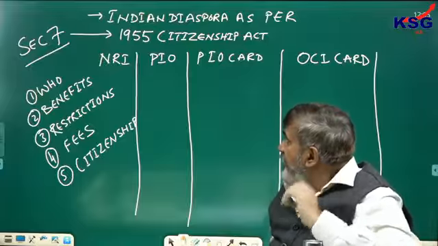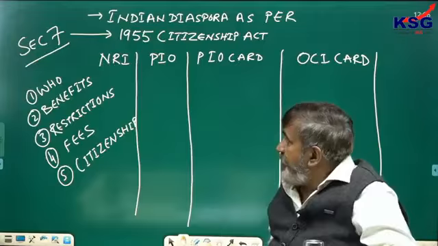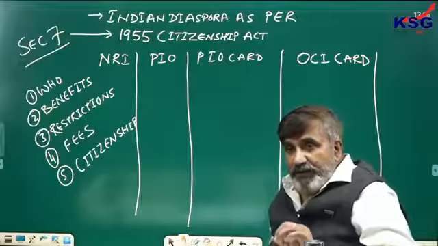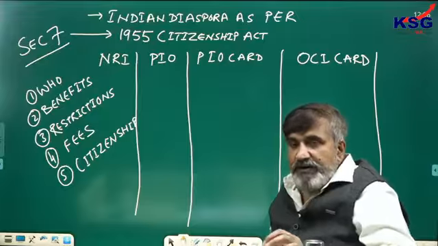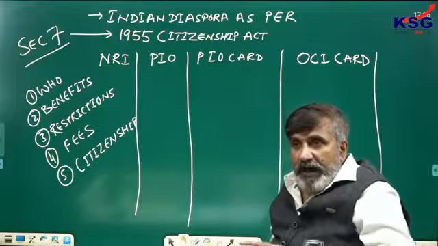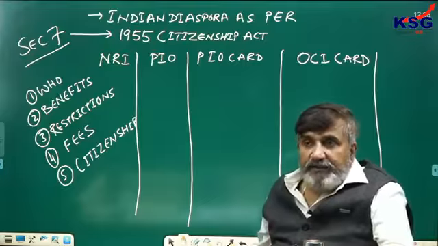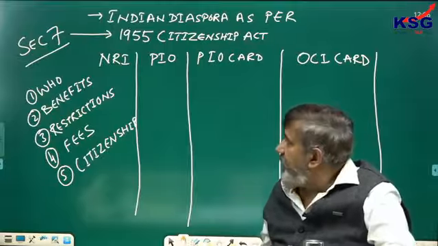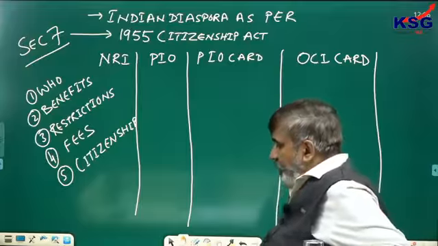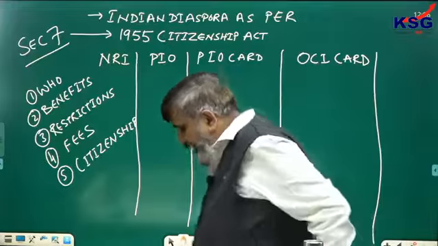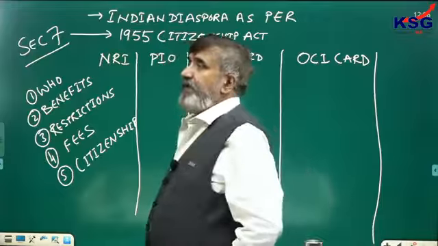Now regarding PIO, person of Indian origin, no specific benefit except those specified on the visa. And why the government will give them benefit? They are neither Indian citizen nor Indian passport holder. Now for PIO card holder, yes, the government is giving them certain benefits.